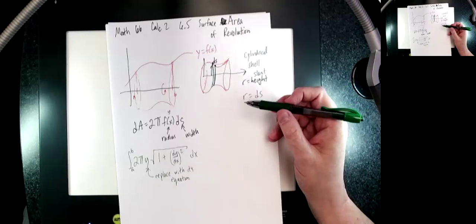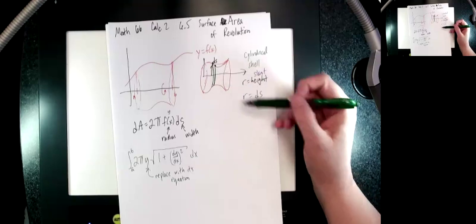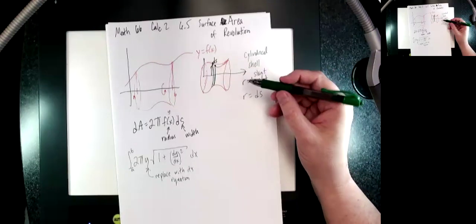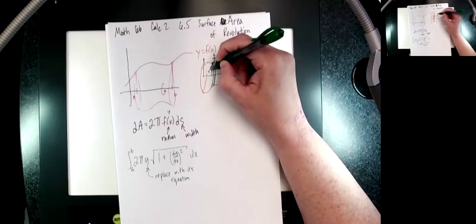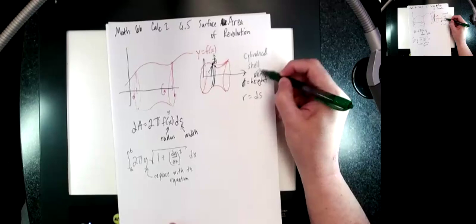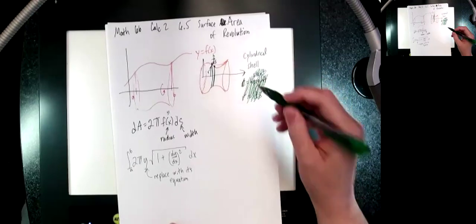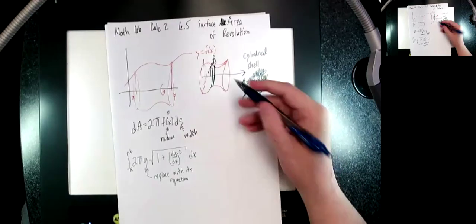I know why I keep calling it height, because I'm looking at it go up. It's really the radius. That's why I'm saying it wrong. The height is literally that way, the radius is that way. There we go. Now I can say that right.